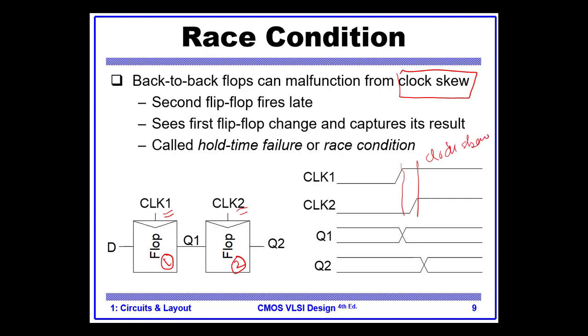Clock skew is this: you have hundreds, thousands and millions of flip-flops on a chip, for example inside a microprocessor. From where is the clock coming? The clock comes from a crystal. Let's say this is our crystal.